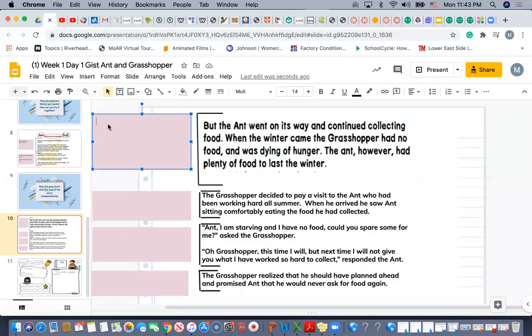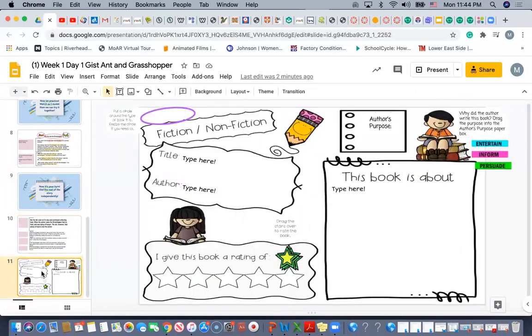Now we know what happens in the end, so it should be a little bit easier for you to even understand what's going on in this story. So I really want you to practice pulling out that important information and asking yourself that question, what did I just read? Okay? At the end of it, you'll see that there's this book review. The book review is just for you to get a little bit more practice on dragging and dropping.